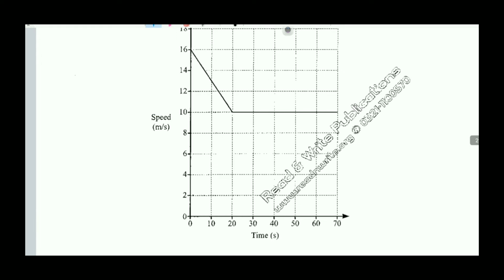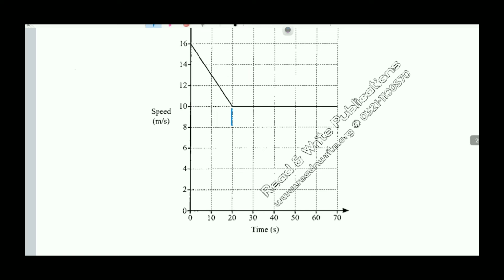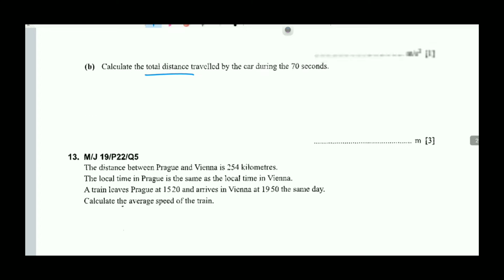So total distance means you have to find the area. How you will find the area? You can consider this triangle and you can consider this rectangle, and second way you can consider this trapezium and this rectangle. So it's up to you which method you will use to find the total area. Okay.